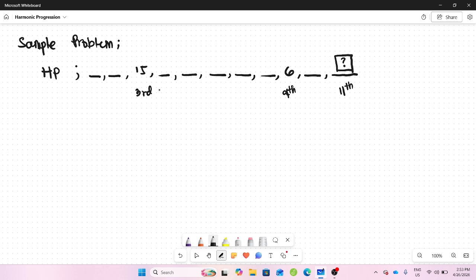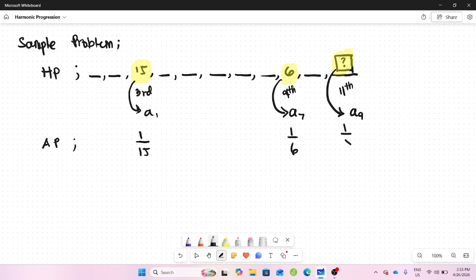But we don't know the first term. Let's try and focus on the arithmetic progression. On the arithmetic progression, this should be 1 over 15, and this one is 1 over 6, and this one should be 1 over x. Okay, but we don't know the first, the second, and so on.